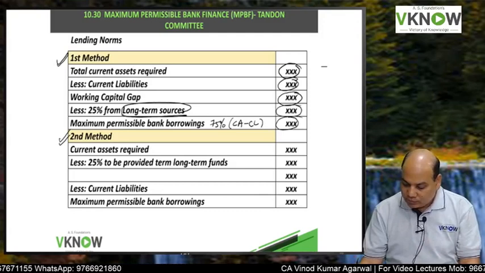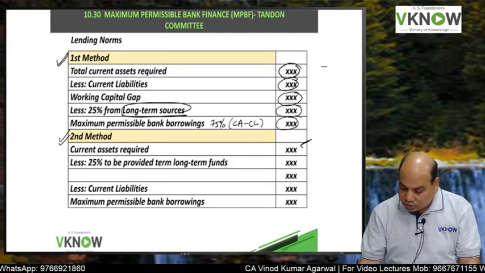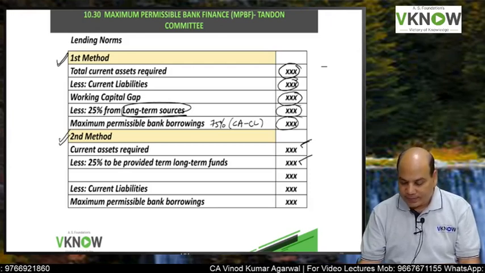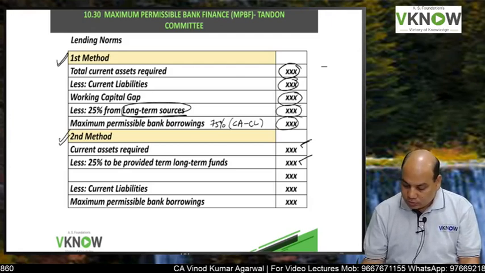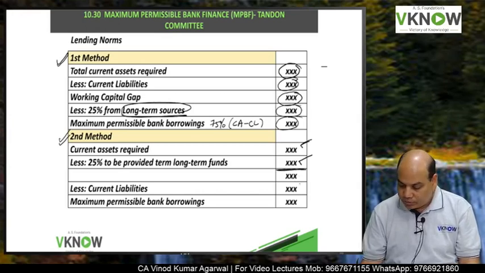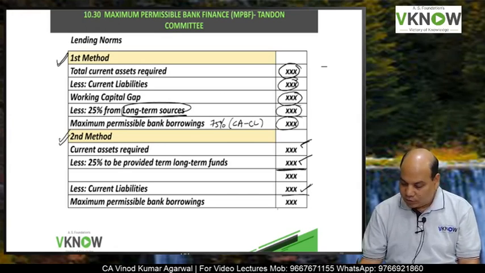Second method is, first calculate current asset minus 25% of current asset. There is a difference between method 1 and method 2. 75% of current asset you will take, but current liability is fully deducted. So that will give you MPBF.